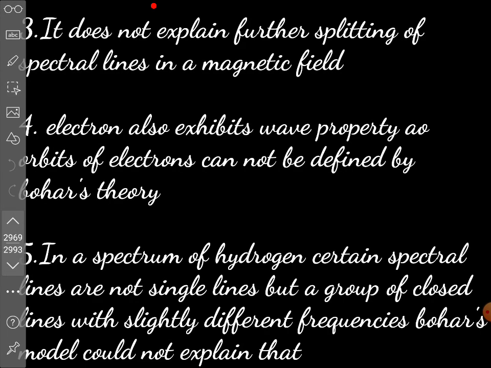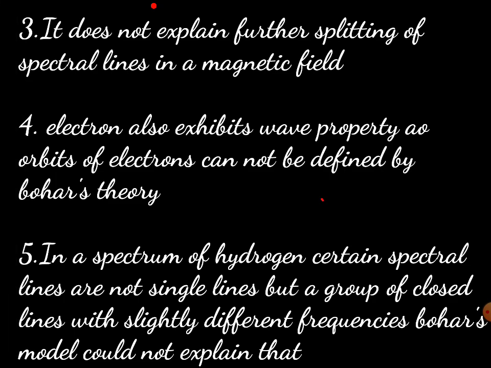Also, it does not explain the further splitting of spectral lines in a magnetic field. Electrons also exhibit wave properties, and the orbit of an electron cannot be defined by Bohr's theory. So these were the problems with Bohr's theory.